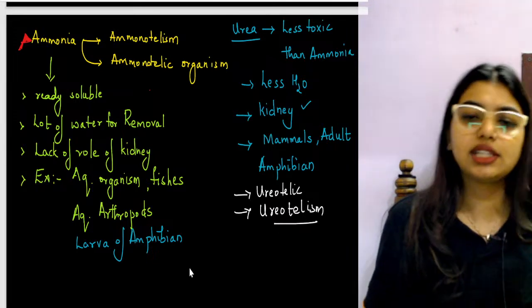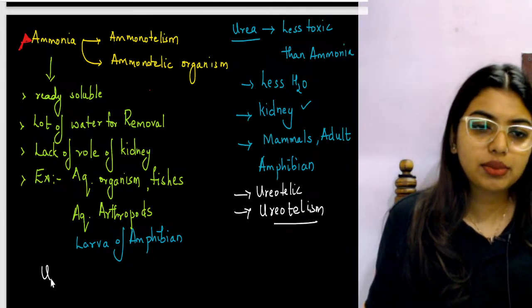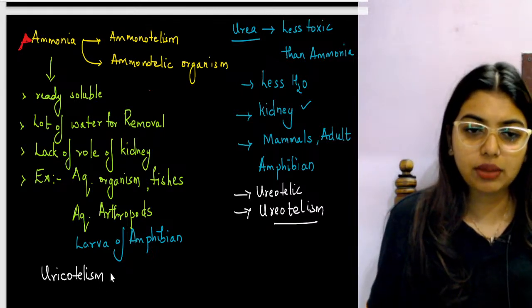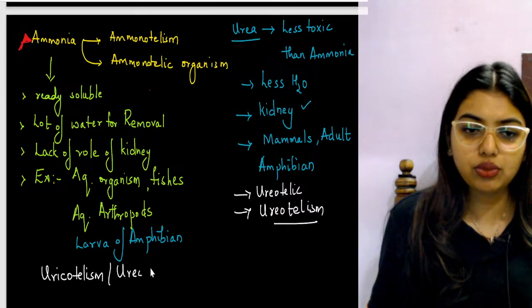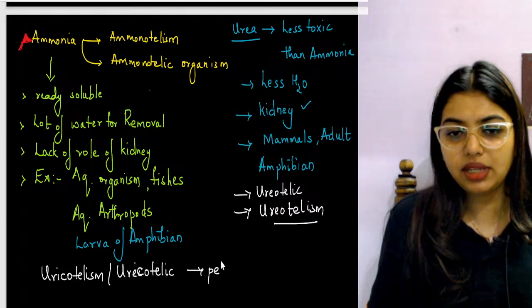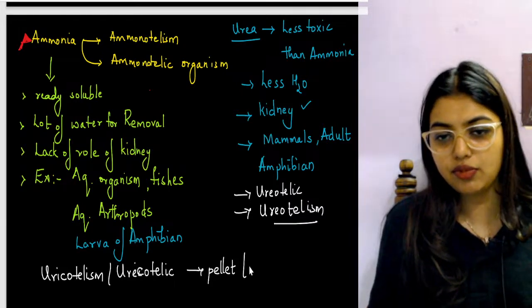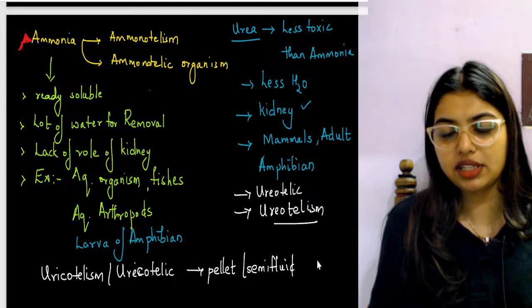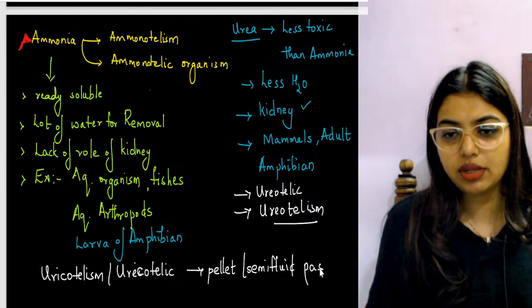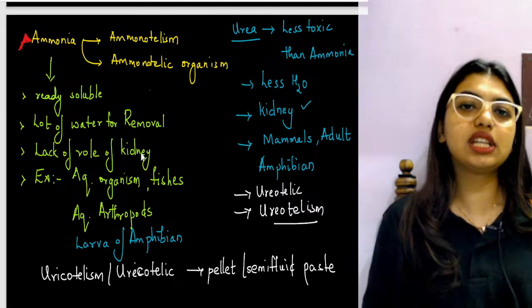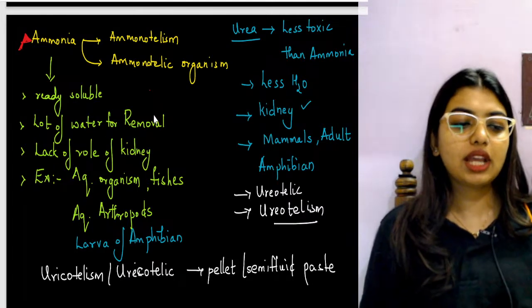Then uric acid is going to be uricotelism, and uricotelic organisms excrete it as pellet or semi-fluid paste. All of you at least once would have got some bird's blessing, so I don't have to explain much. And students, uric acid is the least toxic among these.